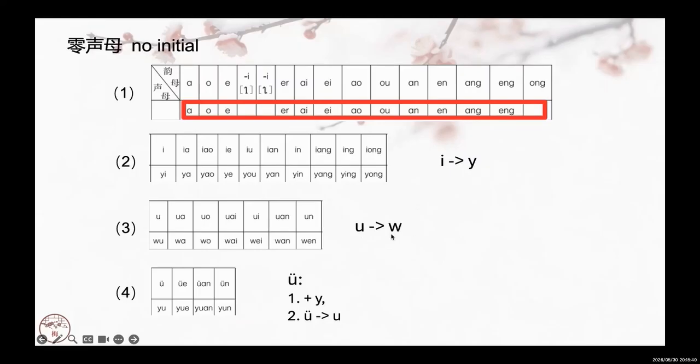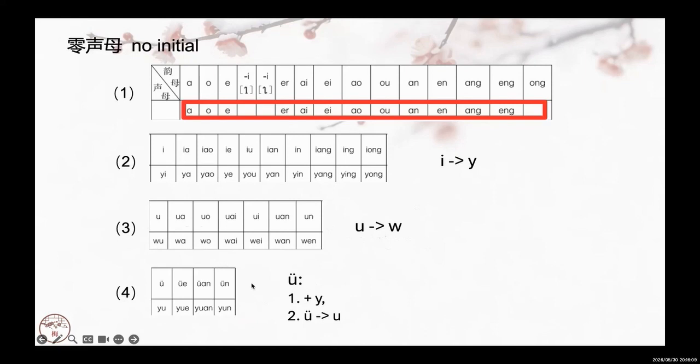That's why we call it a fake initial. So similarly, for all the diphthongs or triphthongs, we change U to W and we attach whatever is the rest. Wu or wo, wai, wu and wan. For the single wu, we just attach the fake initial at the beginning.